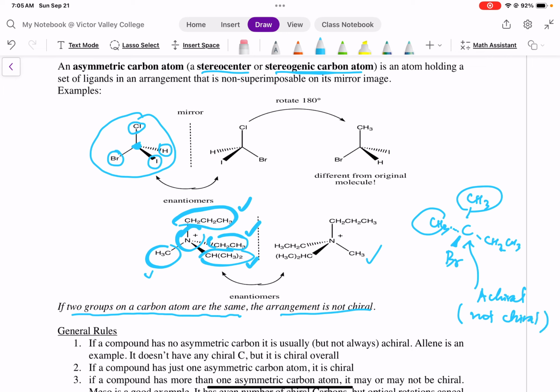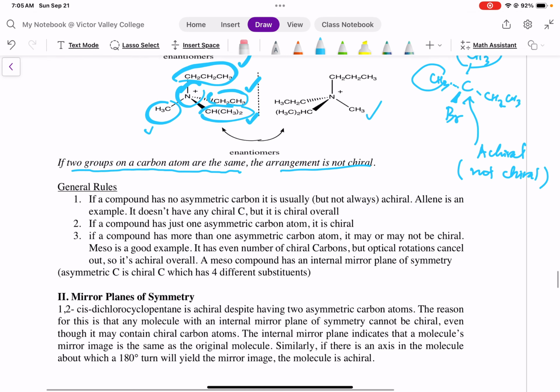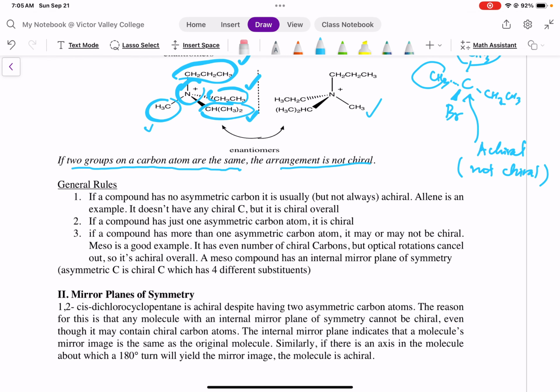So if a compound, like this particular one, has no chiral carbon, very likely it's not chiral overall. All right, so what's the summary?